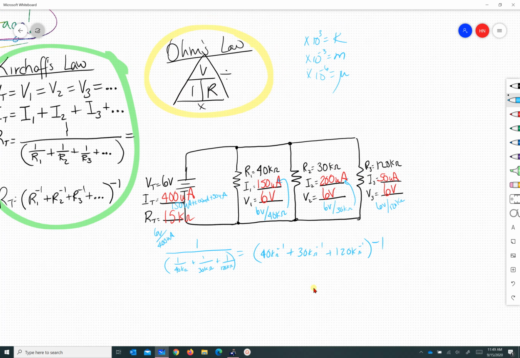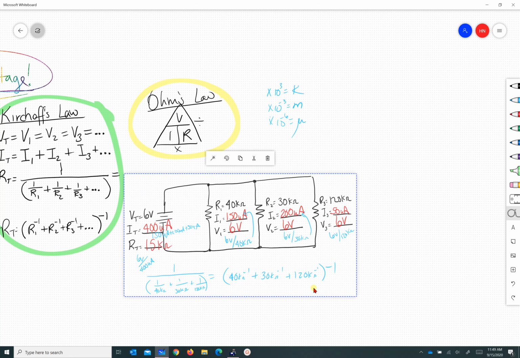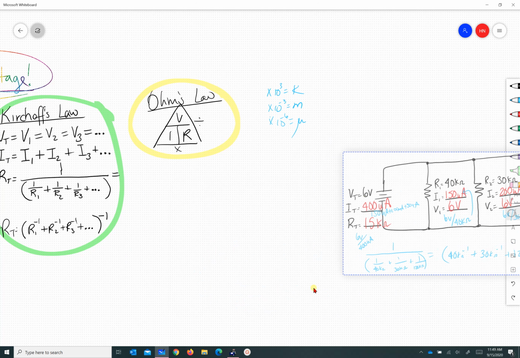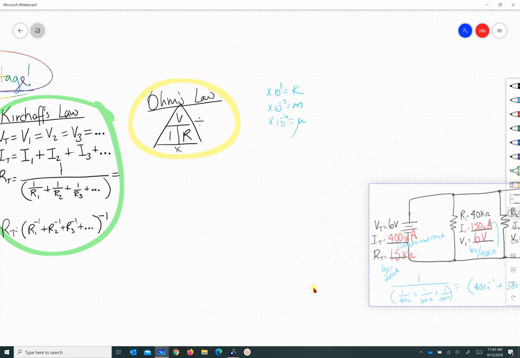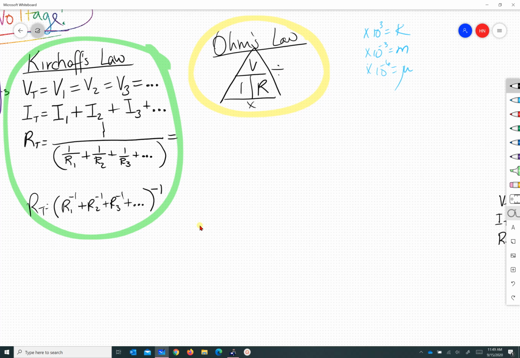What I'm going to do is take this example in the center and move it out of the way so that I can still keep referring to my formulas right here in the center. Here we're going to have another example right there. So let's copy this example down. So I'm going to have a battery.